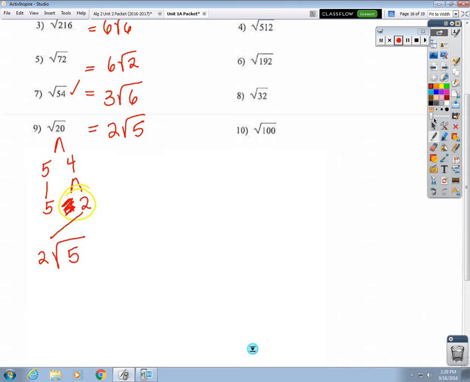Okay, let's talk about that. That's a good question. They were just saying that they chose 2 and 10 and it didn't work out. But let me show y'all something. If you choose 2 and 10, and then that becomes 5 and 2, right? Yes, your 2's get separated. This is what happened.